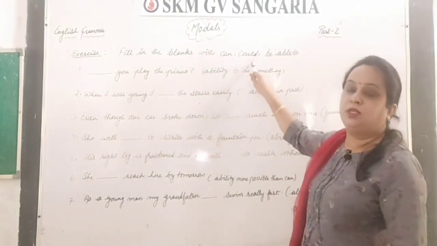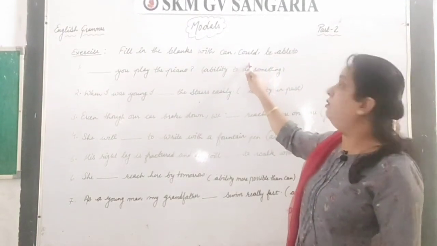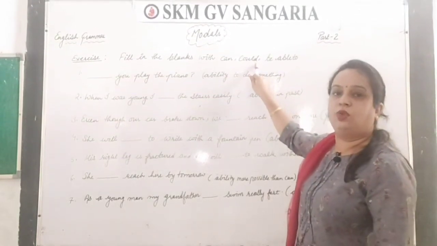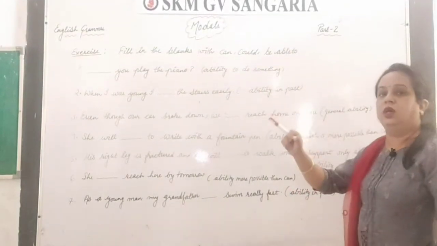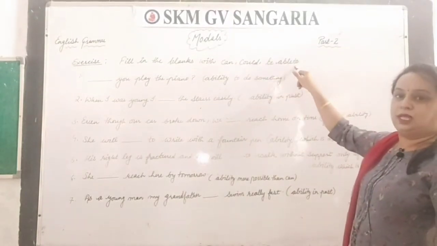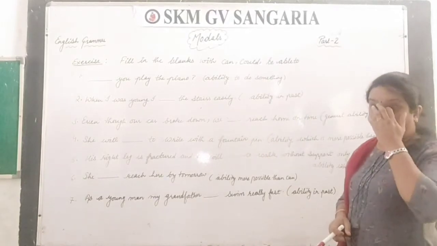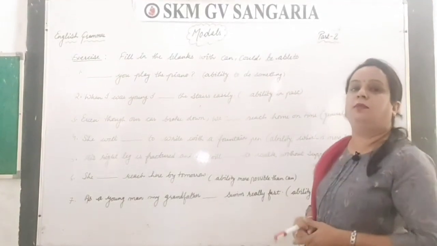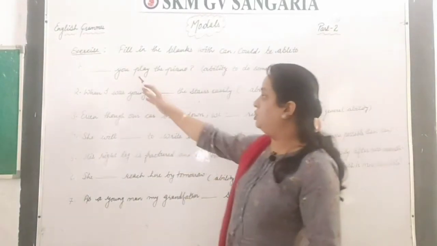Could shows possibility in the past, and for general ability also you can use could. And be able to you have to use when there is ability which is more possible than can. This you can fill in all three tenses: present, past and future. Clear? Let's see the first one.